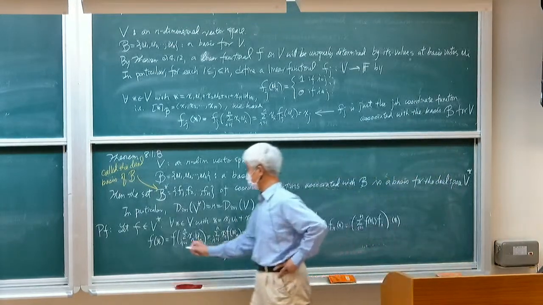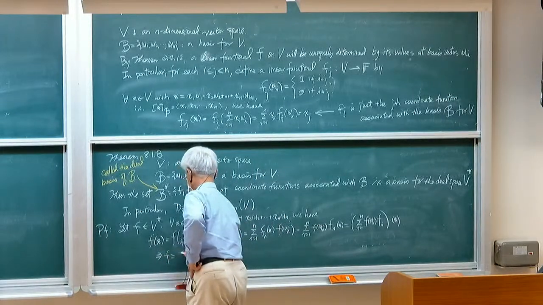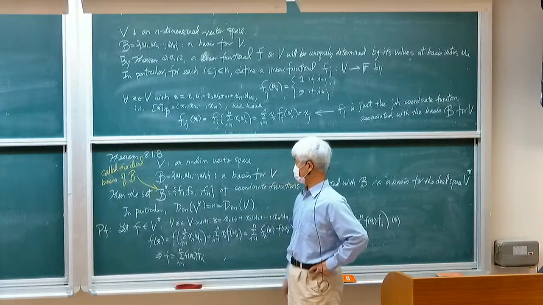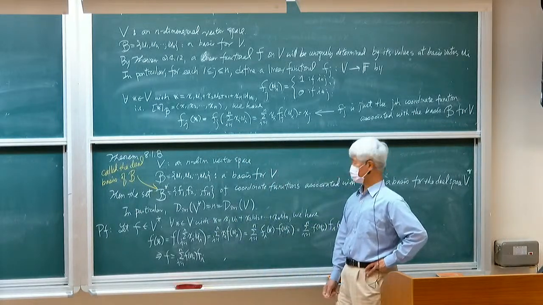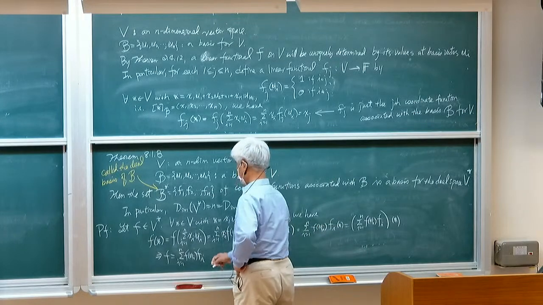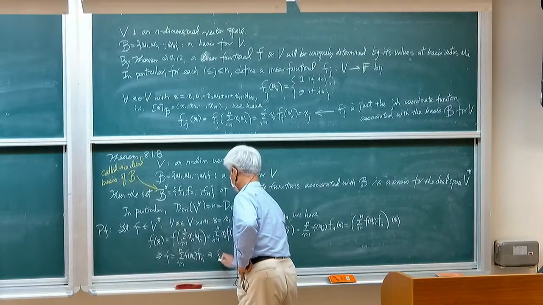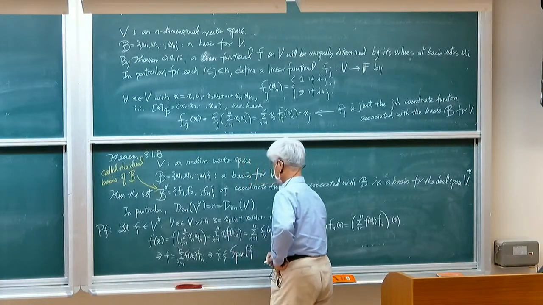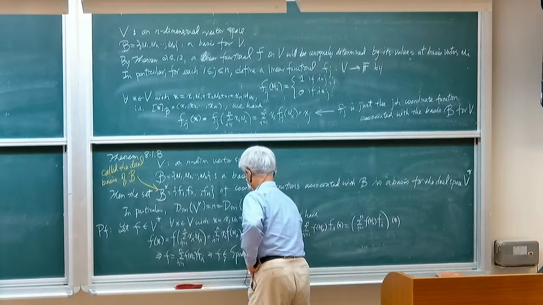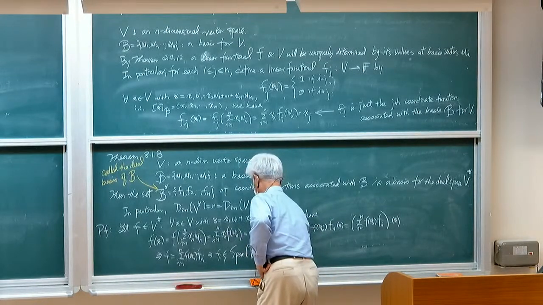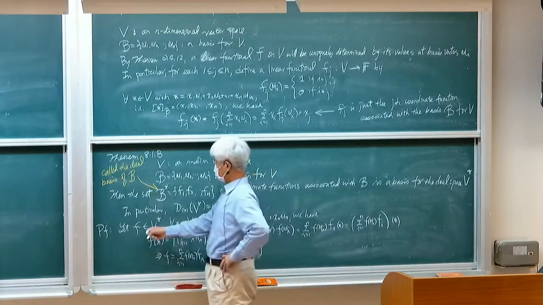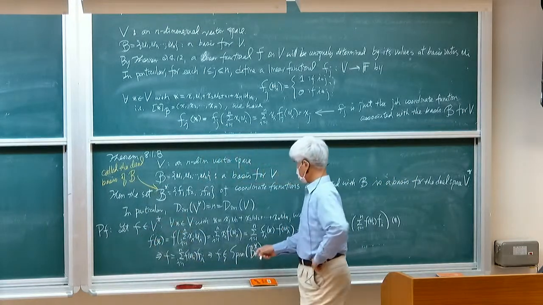So this implies that f is a linear combination of f(ui) times fi. It's a linear combination of the coordinate functions. So this implies that f is in the span of B star. So every vector in V star is in the span of B star.